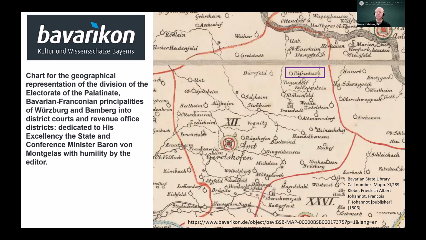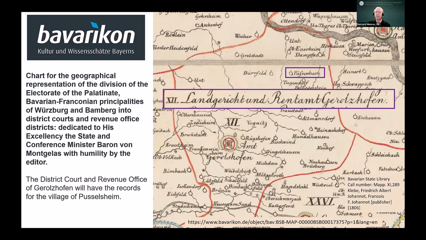And when we zoom in, there is, with that alternate spelling, Pusselsheim. And you can see these Roman numerals. Those point to the district courts and revenue offices. So for my ancestors, it was there in Gerolzhofen that the district court records would be found.